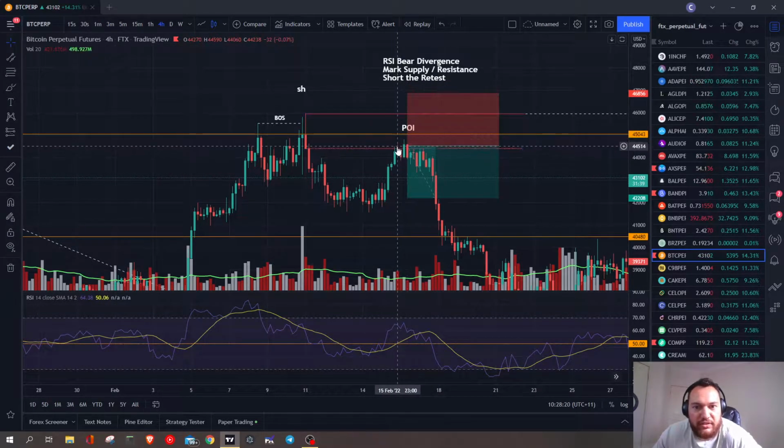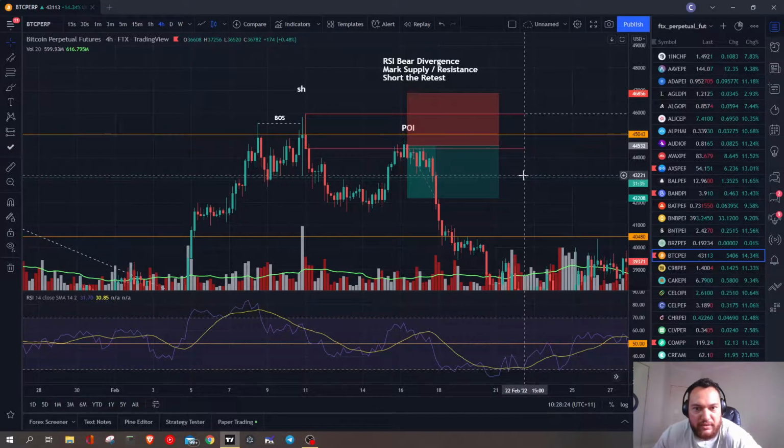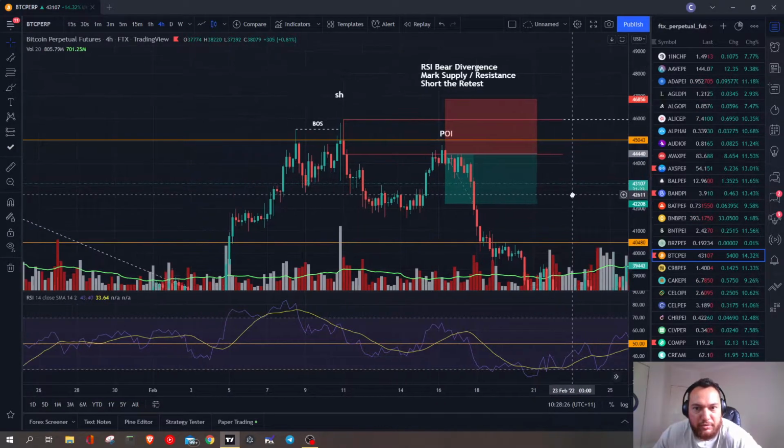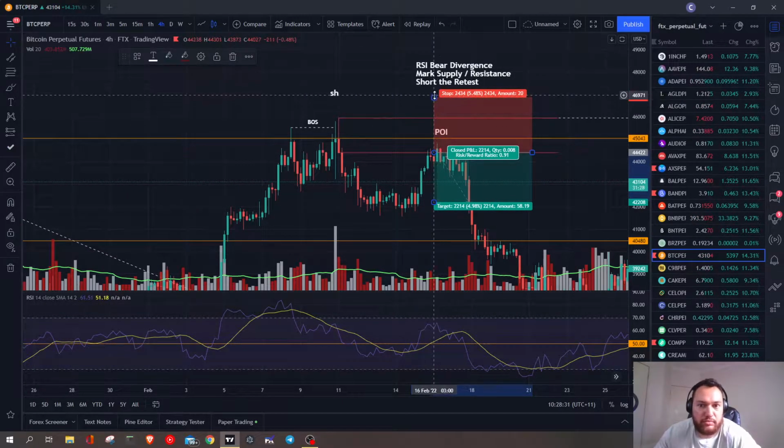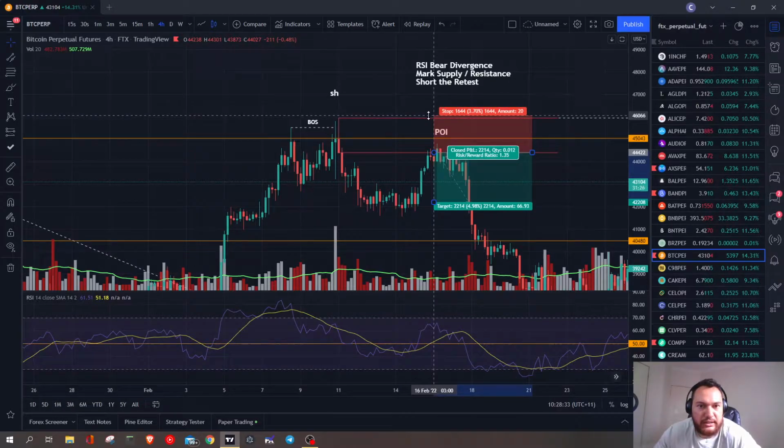So shorting the retest is just coming up, it's coming in and then closing out. So it's come up, it's closed out, right? So somewhere around here would be where you want to enter your short position.